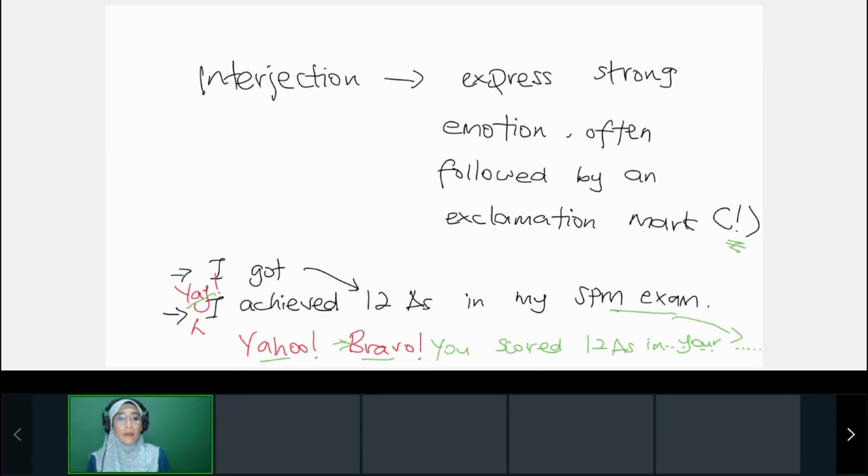Okay. Now, other than that, instead of giving a name or a noun, you can call yourself using a pronoun like I. Like I myself, I am a female, so I call myself she.